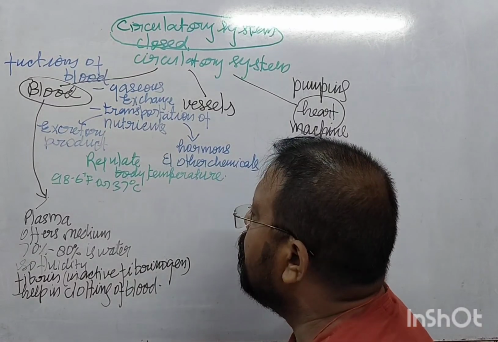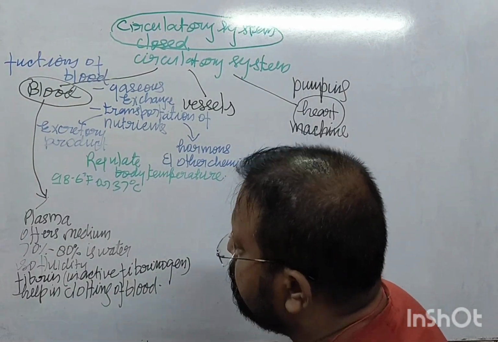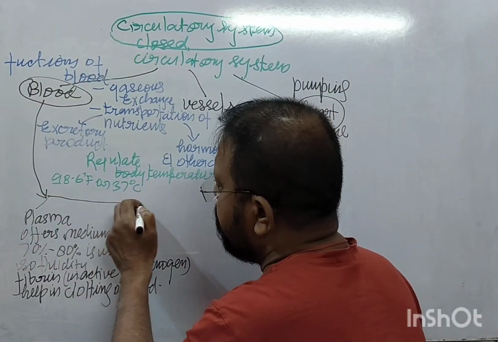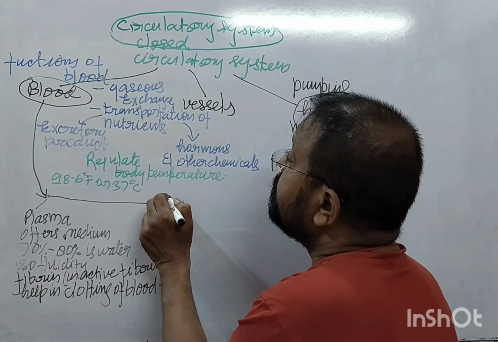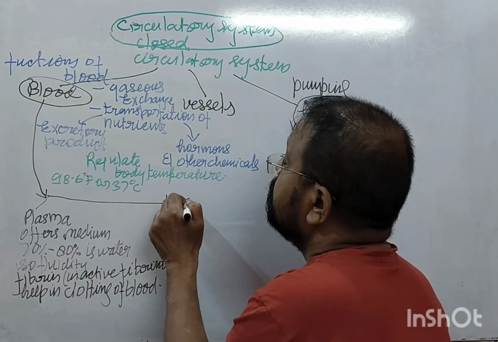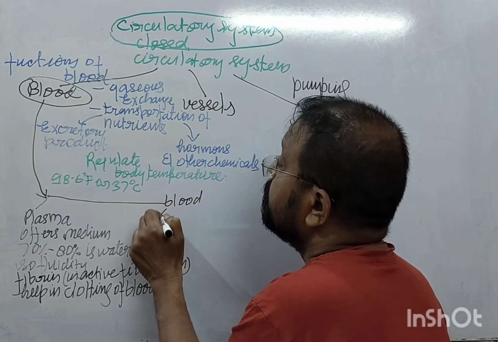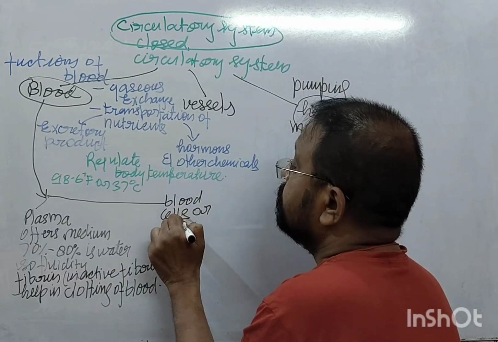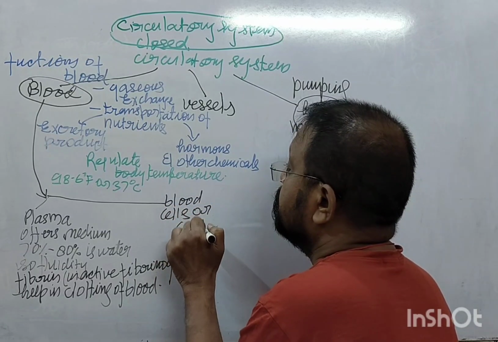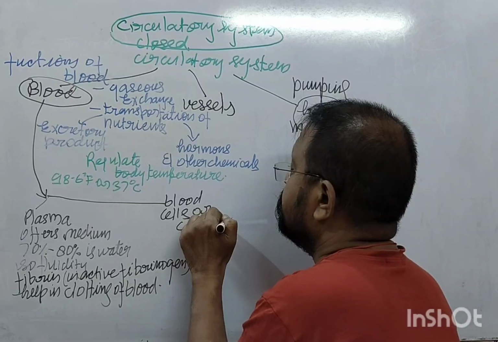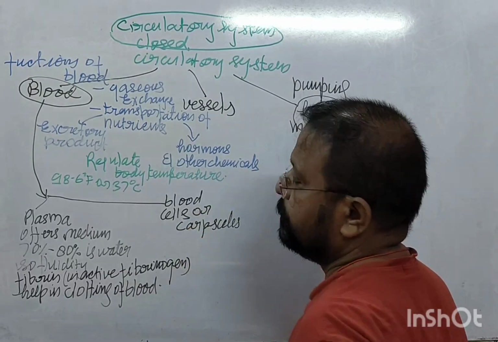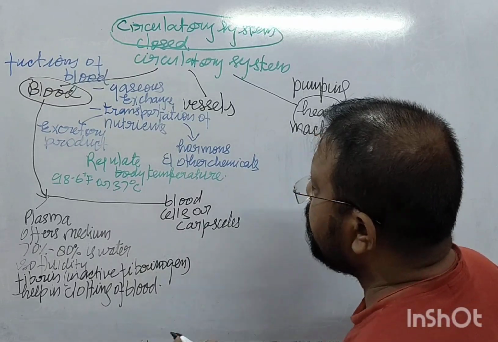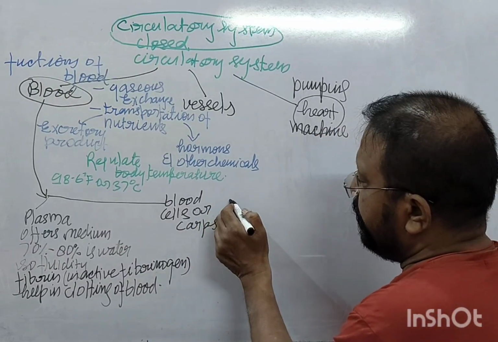Right. So there is plasma, and another one is blood cells, or we call them corpuscles. Now there are three types of blood cells we have.